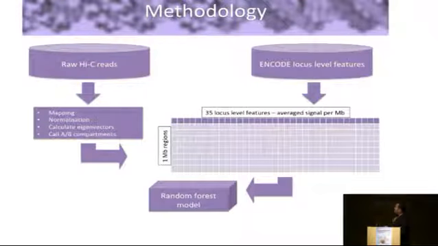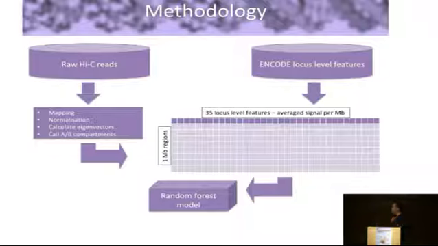We then process these Hi-C data sets from scratch so that they're identically processed, and we calculate eigenvectors for each 1 megabase region around the genome. In each of these 1 megabase regions, we also have the average signal for our 35 locus level ENCODE features. So we end up with a large data matrix for each cell type, describing the relationships for each 1 megabase region.